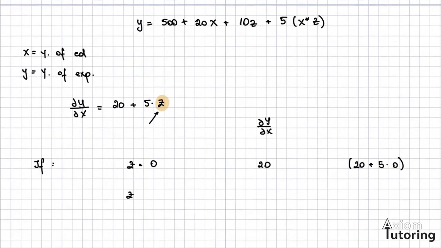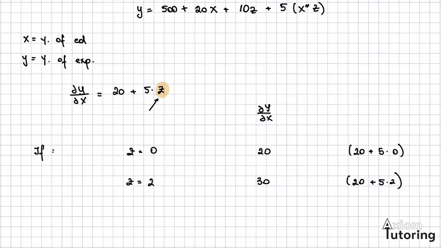When z, let's say, is equal to 2, then this will become 30, because we simply have 20 plus 5 times 2. And ultimately, when z is equal to 5, you'll find out that this is equal to 45, because it will come as 20 plus 5 times 5.